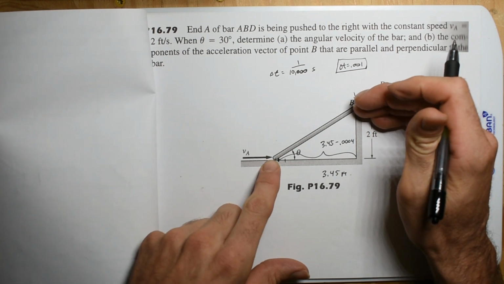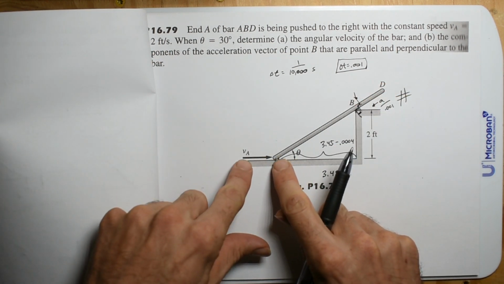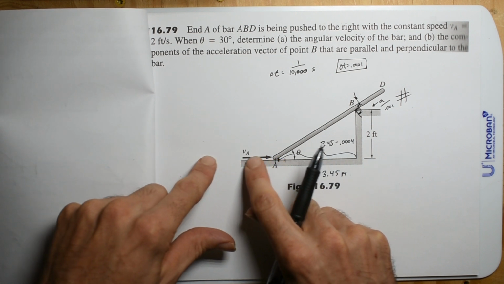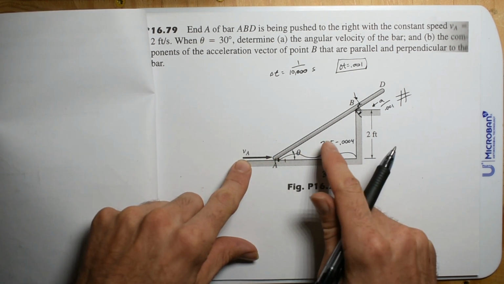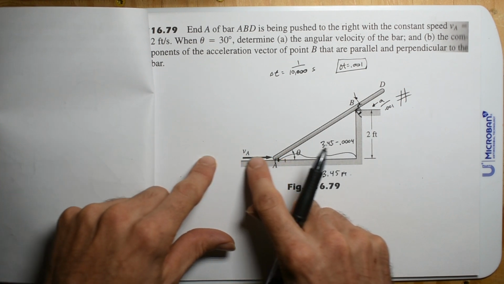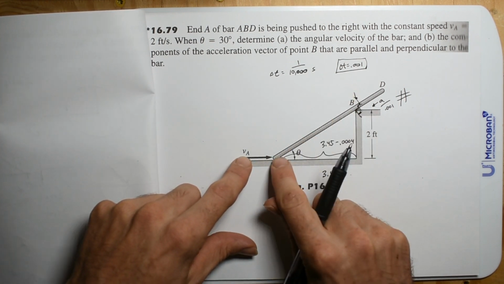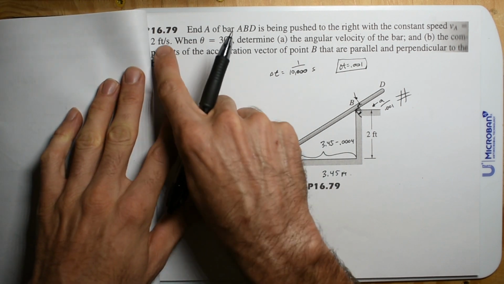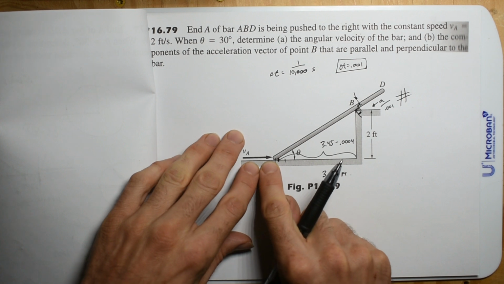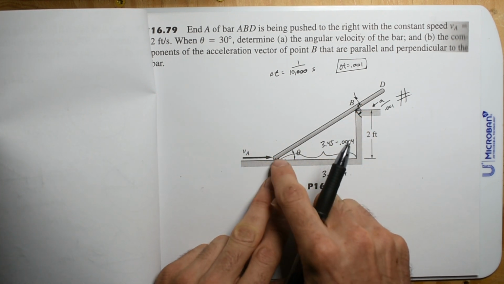If this is sliding this way at 2 feet per second, then 1 second ago it was 2 feet this way. Does that make sense? So a thousandth of a second ago, it was just over here, based on that speed. I think I'll do this problem that way.